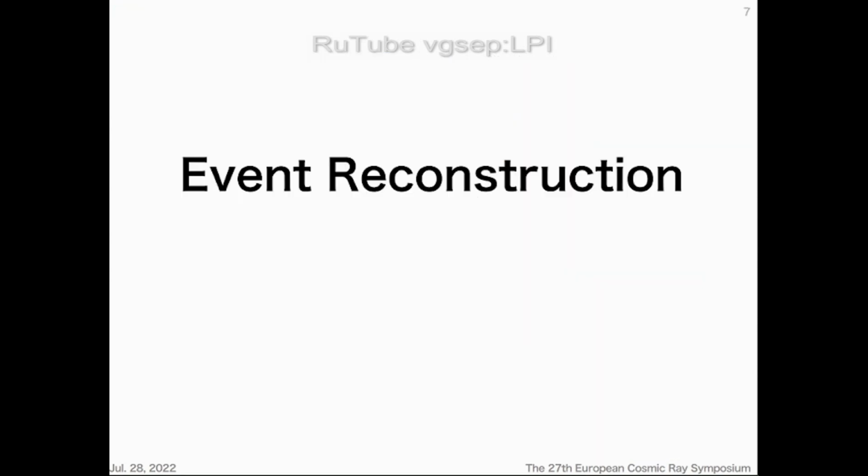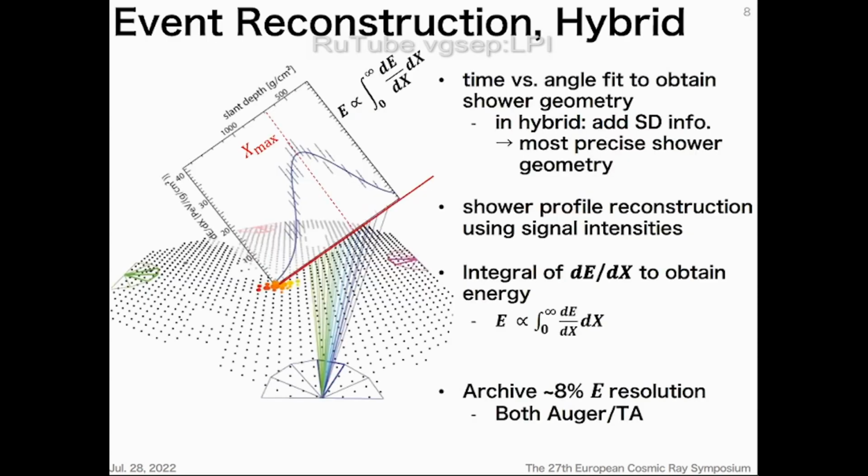Let's move on to the event reconstruction. For the hybrid case, we perform a time versus angle fit using the FD tube timing and the surface detector information, because this is a hybrid reconstruction. We obtain the shower geometry, and in the hybrid case the most precise shower geometry can be obtained.